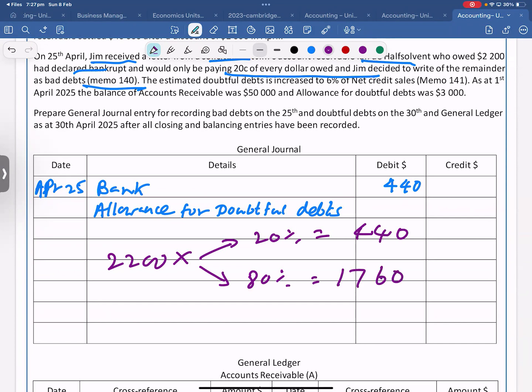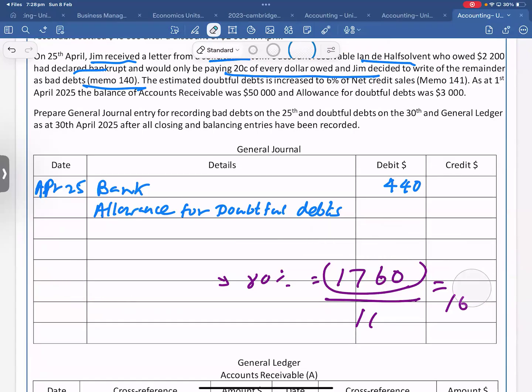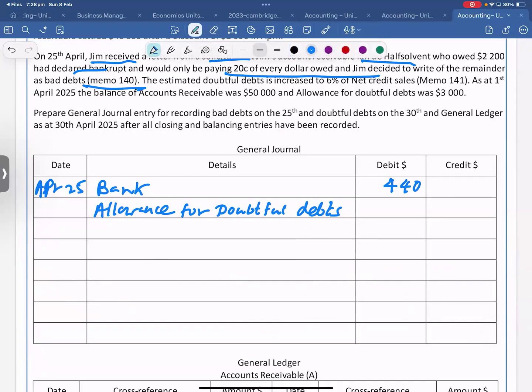Then what do you do, guys? 1760, you can divide by 1.1 or divide by 11, either way. Then you'll get 160, which is GST, and the remainder will be 1600. That's how you calculate the amounts backwards.